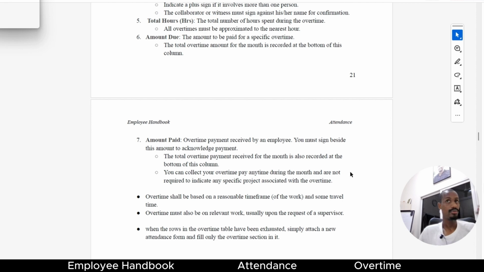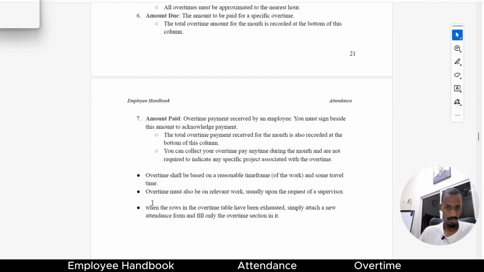But if it's not far, then you cannot say you left work at 4, the normal closing time, and spent overtime before you reached home at 5, so you will charge that as overtime, because you were supposed to reach home at 4. Just know that if you spend too much time traveling for the overtime, then you need to add travel time there. But if it's not long enough, you should not add travel time to the overtime.